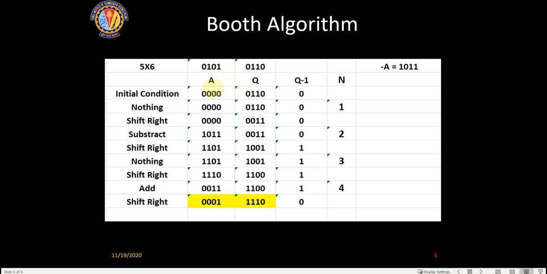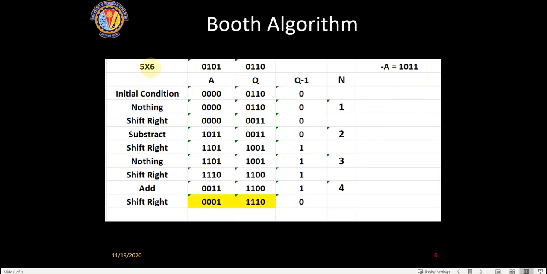So this is the initial condition. I have put 0 0 0 0 here, I have put 0 1 1 0 here, and this is initialized to 0, n is equal to 0. Is the first line clear to all of you? We'll go line by line. If you understand this table, then we will revisit the block diagram and circuit diagram. It will be clear. Is this first line clear to all of you?